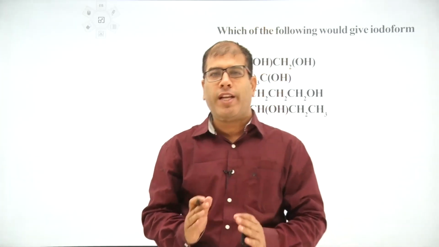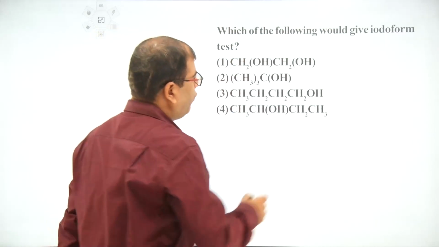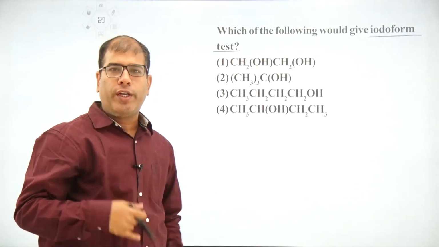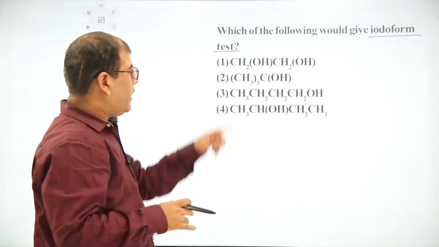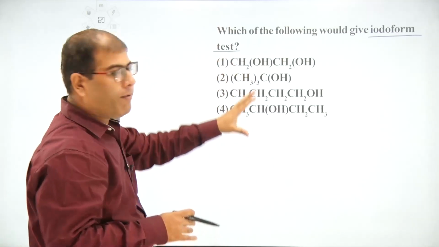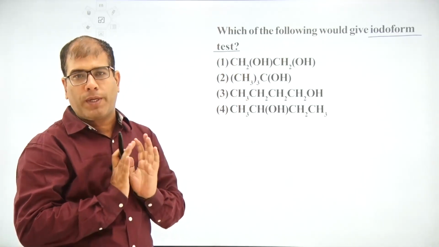Okay, come to the next question. The question is, which of the following would give iodoform test? Here you can see 4 compounds are given in which all have alcohol as a functional group. Here aldehyde or ketone is not present.